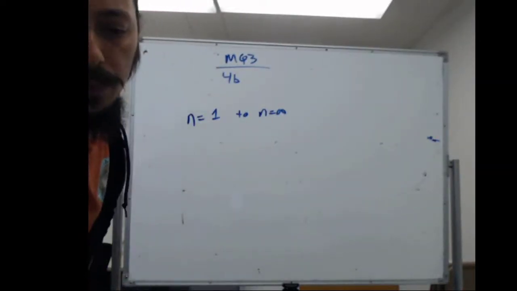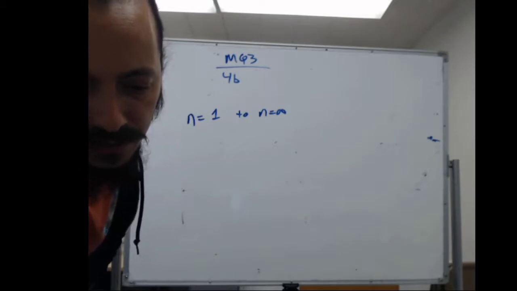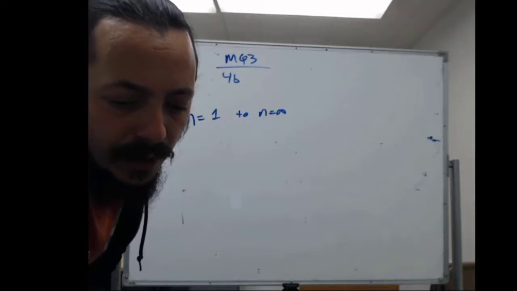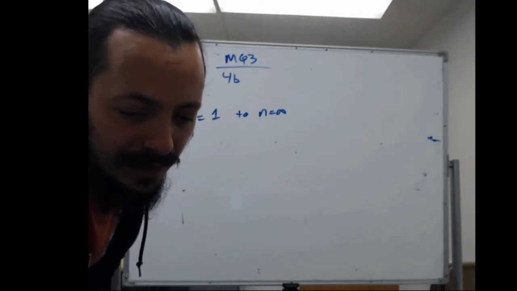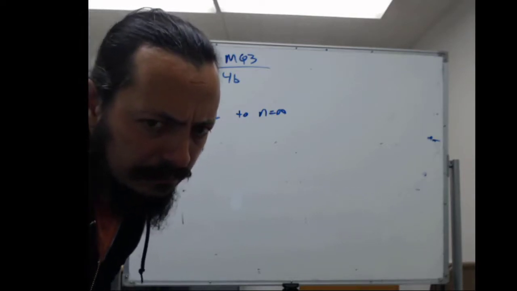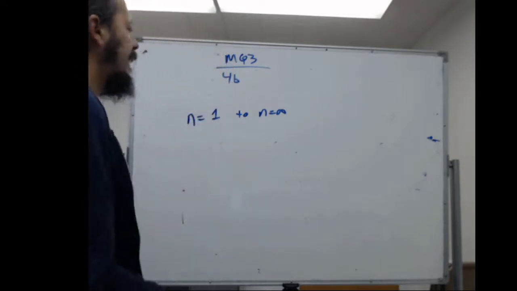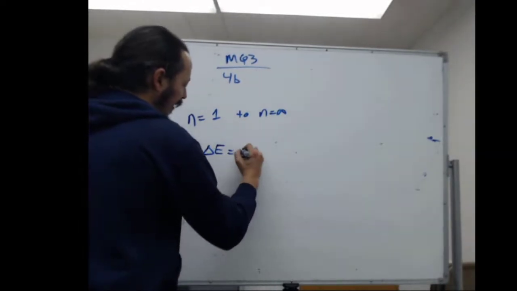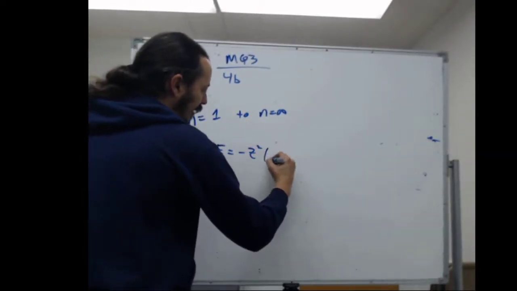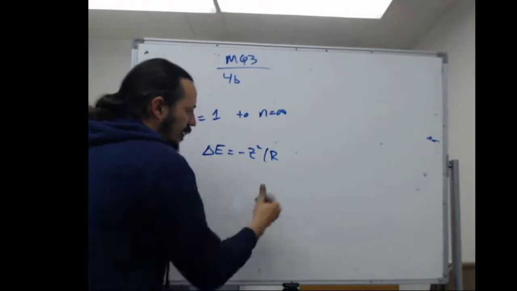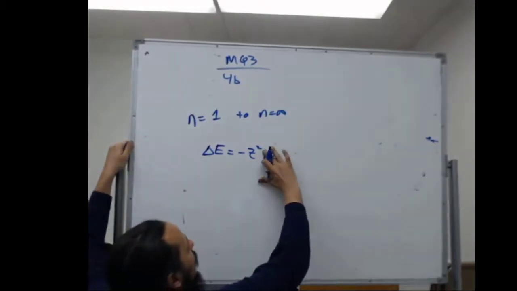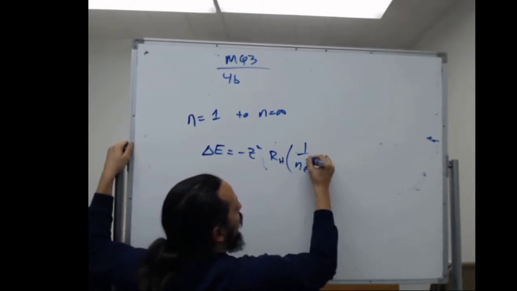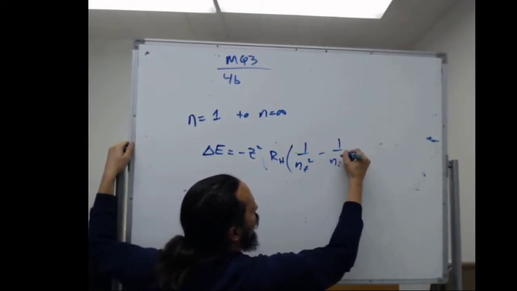This is really similar to, I'm trying to remember which question, I think practice set 3, problem 8, one that we just did. But we're essentially going to end up with delta E equals negative Z squared times the Rydberg constant times 1 over n final squared minus 1 over n initial squared.